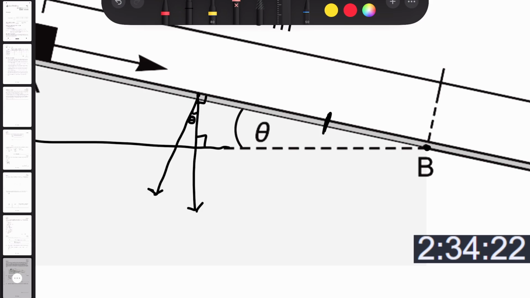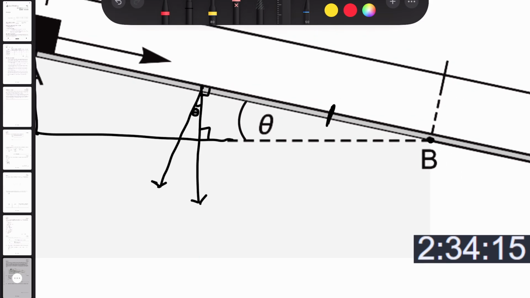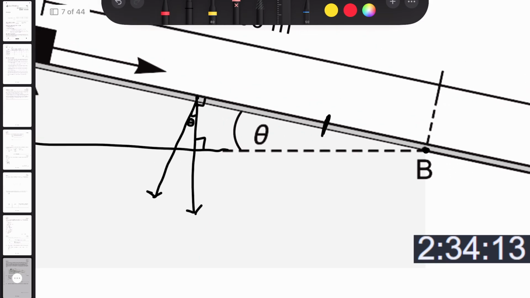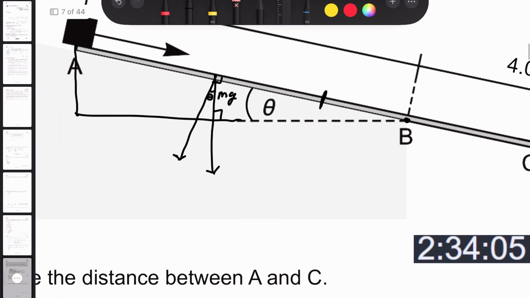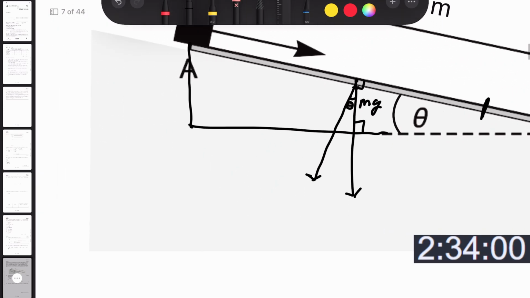Must be theta. So this is all cosine of theta. It's 90. It's 90 minus theta, so then that must be theta. Okay.